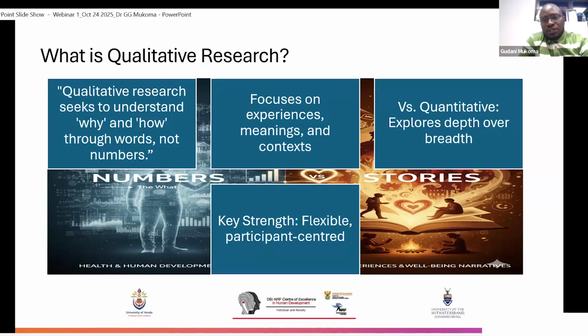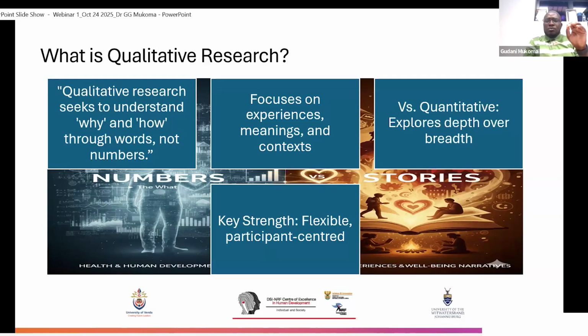This data will include words, images, and observations. And unlike quantitative research, qualitative research focuses more on the why and how. That is what we aim to get when we conduct this kind of study.